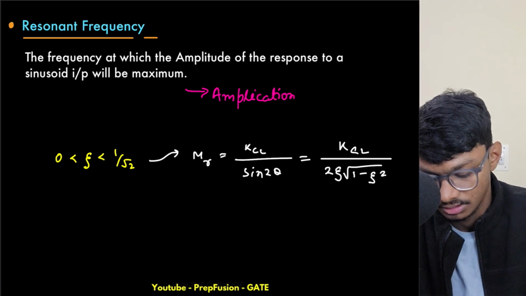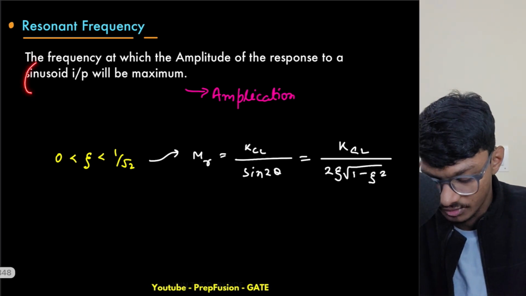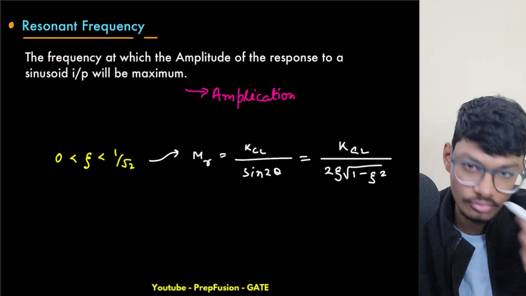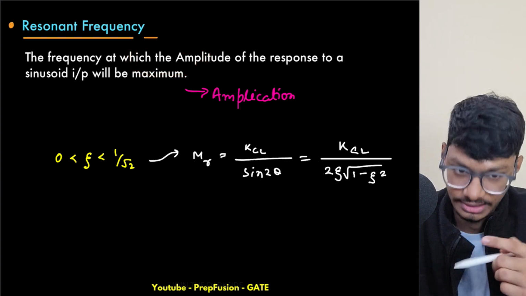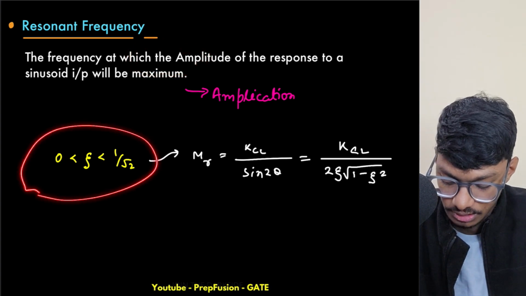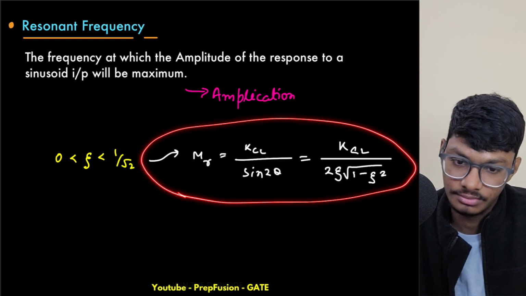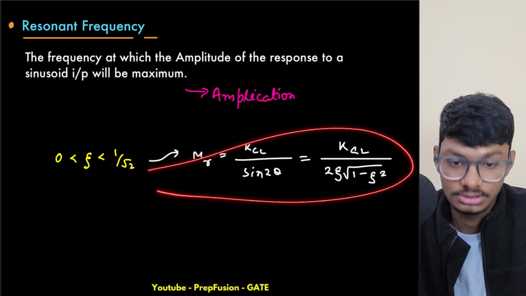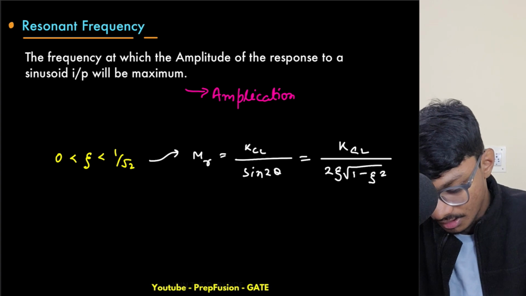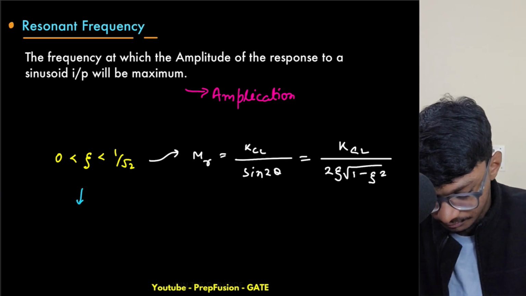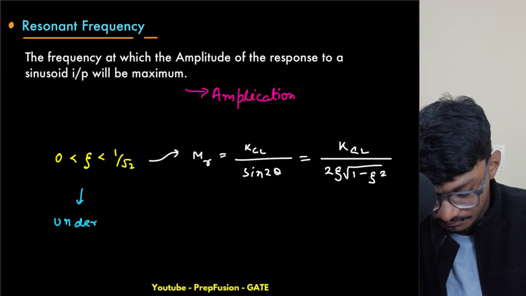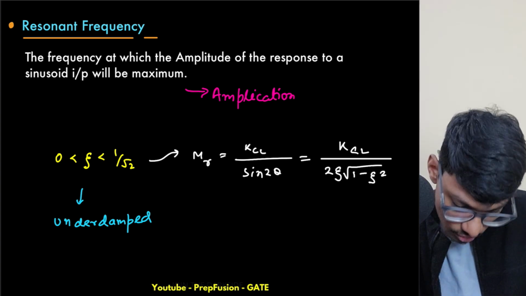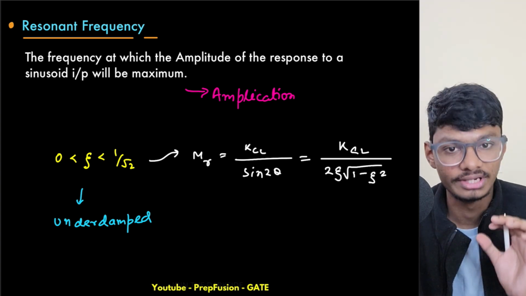So that is what resonance means here also: we give some sinusoid input, and at what frequency of that input my output amplitude, my response, will be maximum. This was for zeta between these limits, and the formula was something like this. Do remember, this is always for underdamped only.